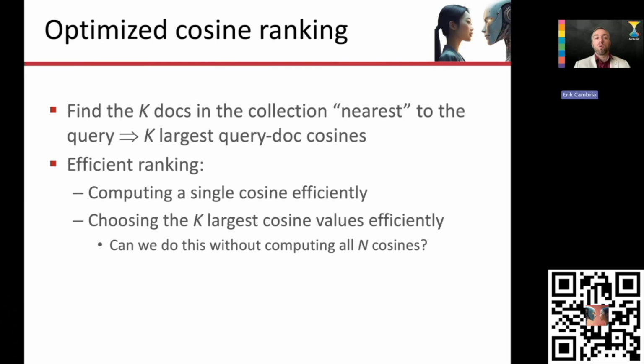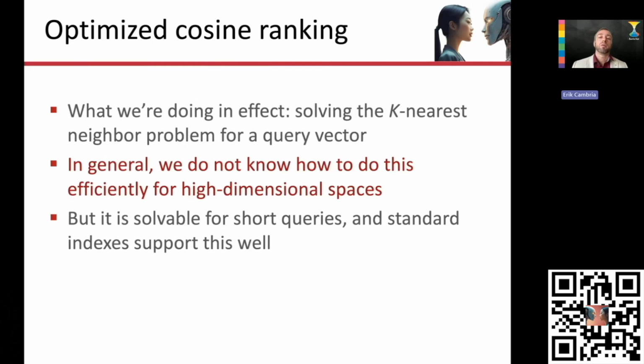So optimized cosine ranking tries to answer the question: can we do that faster? Can we, instead of calculating the TF-IDF score between the query and all documents, just select a subset of documents and only calculate the TF-IDF score of those with the top K largest cosine values? So this actually is like a K nearest neighbor problem, right?